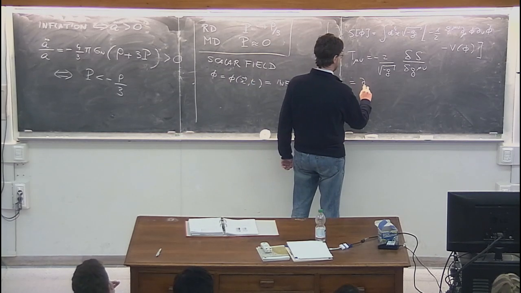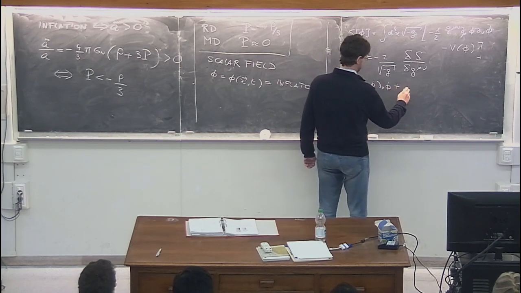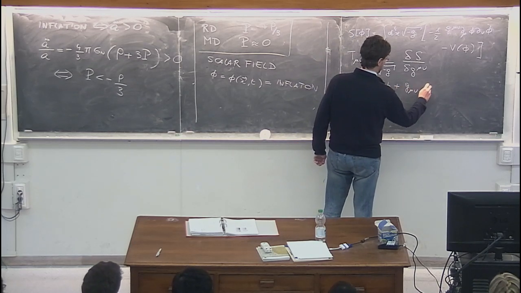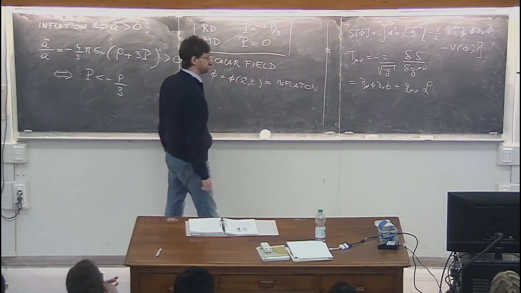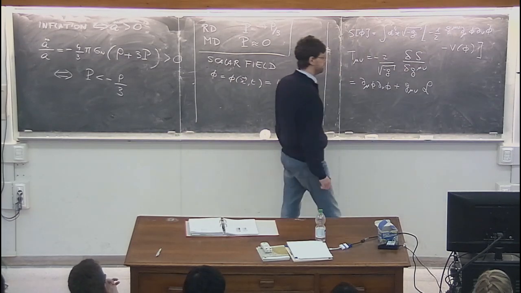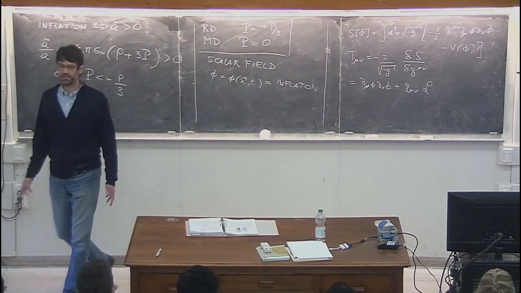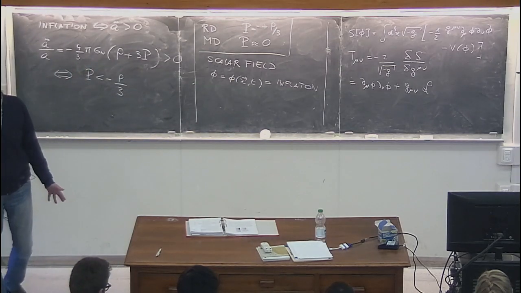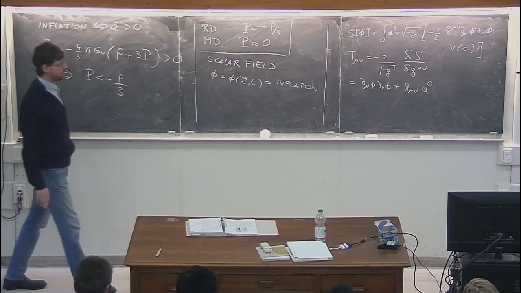You discover that this is nothing else than partial_mu phi partial_nu phi plus g_{mu nu} times the Lagrangian. Okay? Where by the Lagrangian I mean the piece which is inside the square brackets. Okay? So I guess this is very standard stuff that most of you have seen, right? So I'm not spending too much time in deriving this formula.